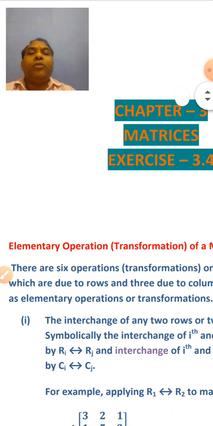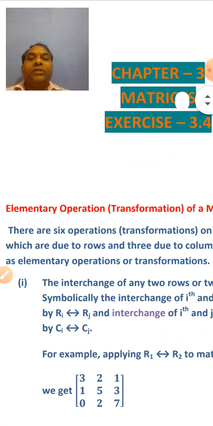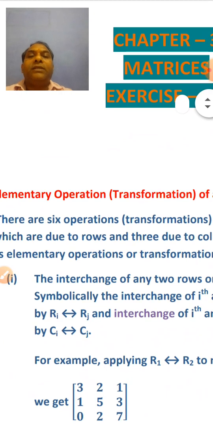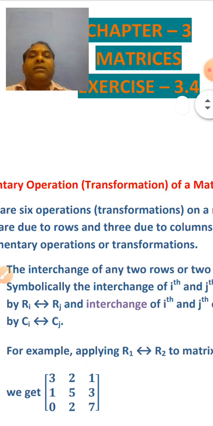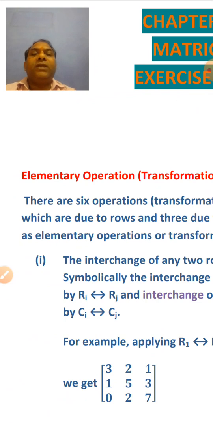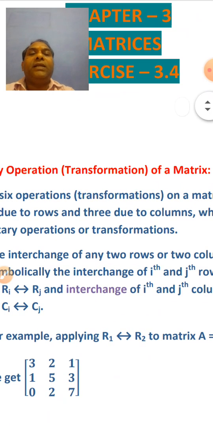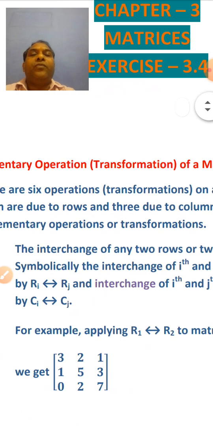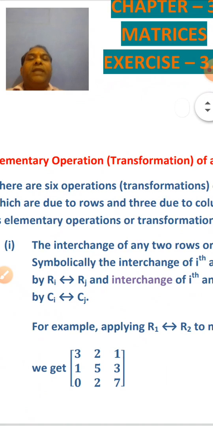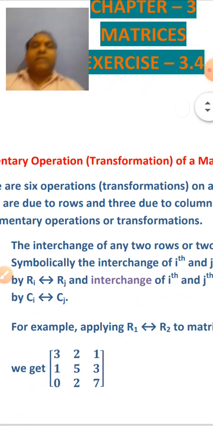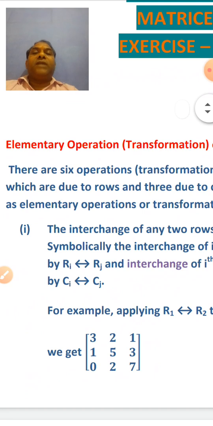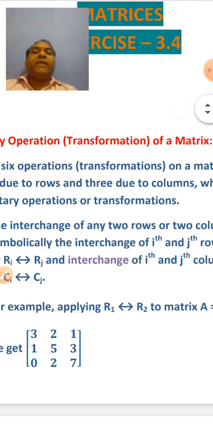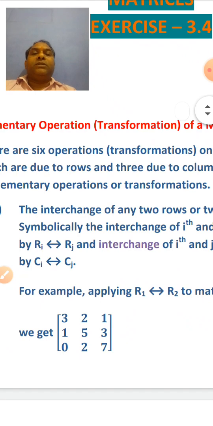Now, elementary operation of a matrix. There are 6 operations on a matrix, 3 of which are due to rows and 3 due to columns, which are known as elementary operations or transformations. The first operation is the interchange of any 2 rows or 2 columns.